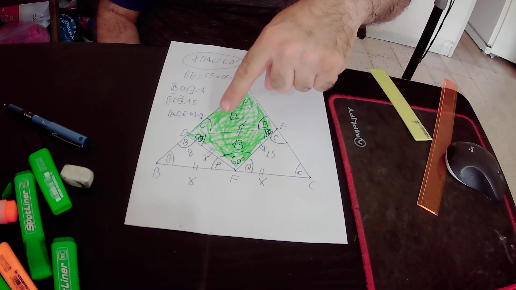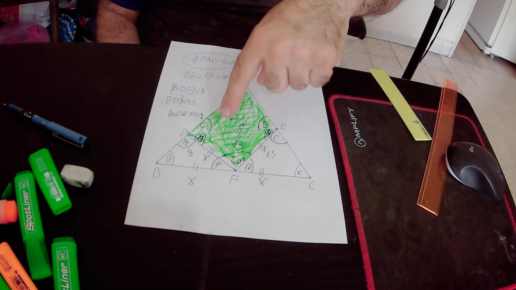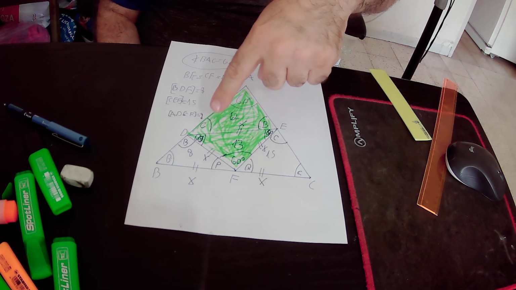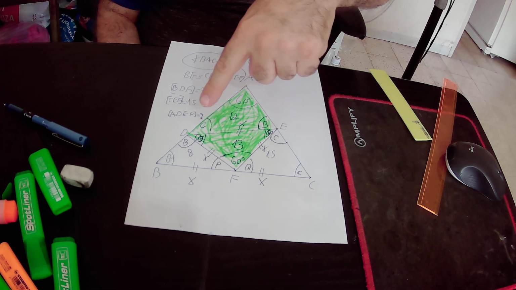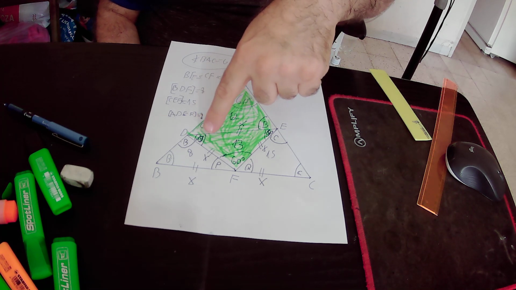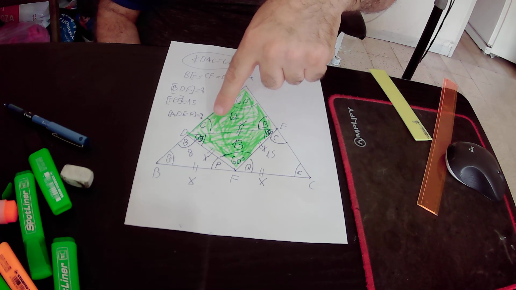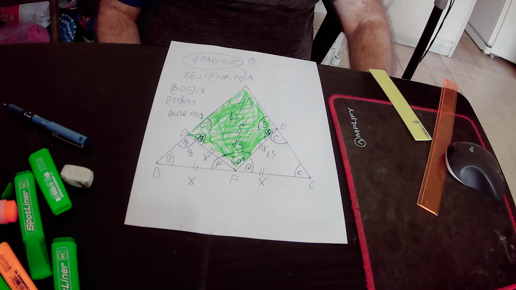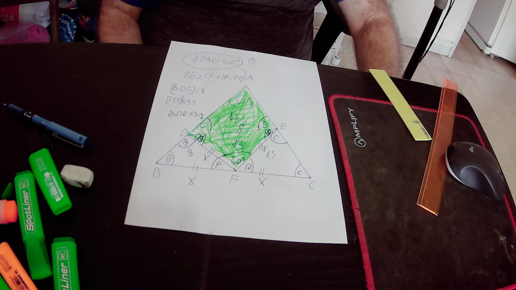We know that the sum of the angles at any point of the straight line AB is equal to 180 degrees. So angle P plus angle Q plus angle ADE must be equal to 180 degrees.